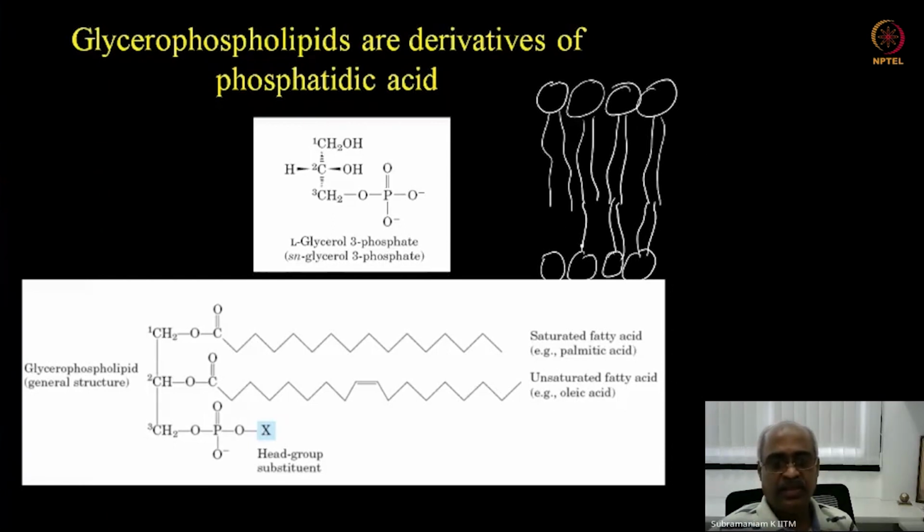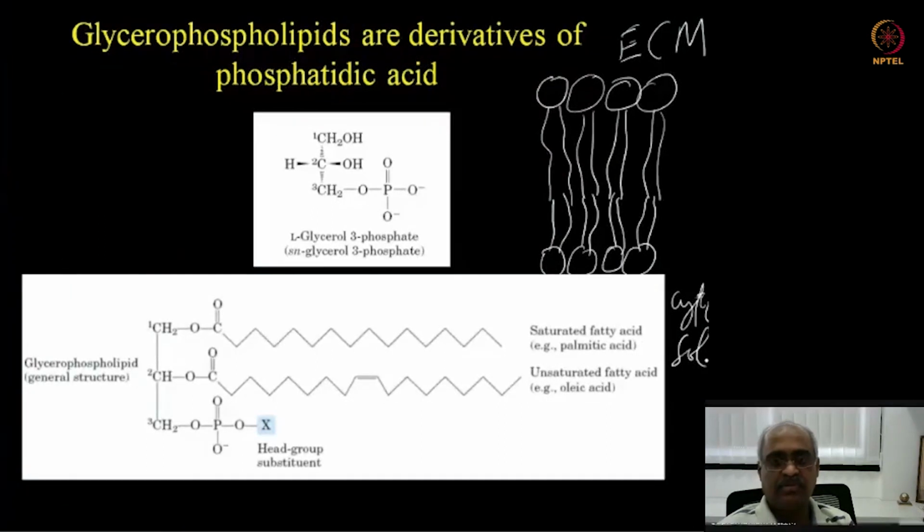Therefore these hydrophobic groups face each other and have hydrophobic interactions. And these polar groups face, this could be the extracellular matrix outside of the cell, and this could be cytoplasm, cytosol. So both sides it is aqueous environment and here is the hydrophobic. This is how the phospholipids form the cell membrane.